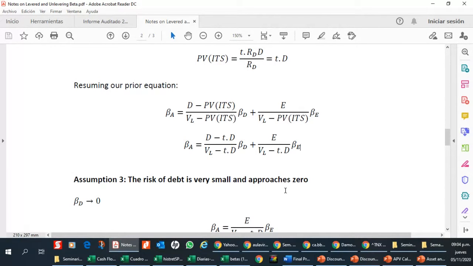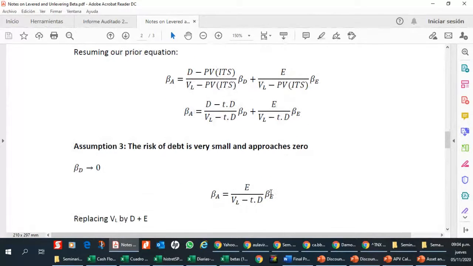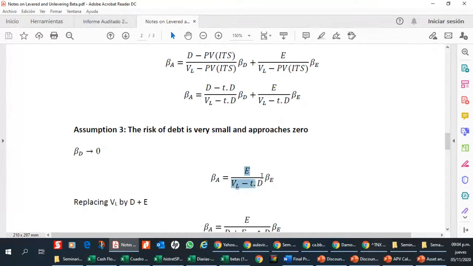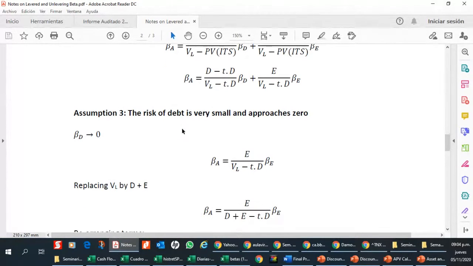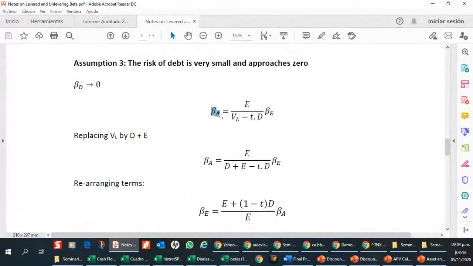What happens even further, for practitioners, is we assume that this beta of debt is usually very, very small. We assume that it's a very small number. So if we assume that this is 0, this whole term disappears, and we can calculate the value of the beta of assets, the beta for the company with no debt at all, as this expression.